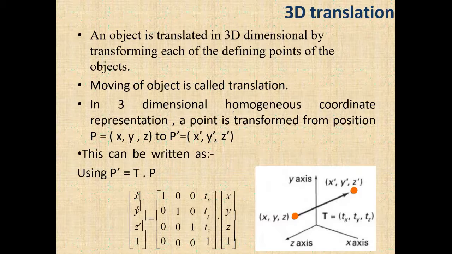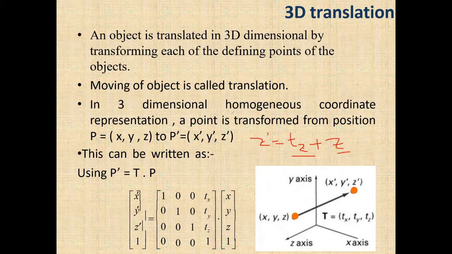3D translation is the same as 2D translation, only the z plane is added. So whenever you discuss 3D translation, z dash is equal to tz plus z, where z was the original position and tz is the amount of translation that happened on that particular point.